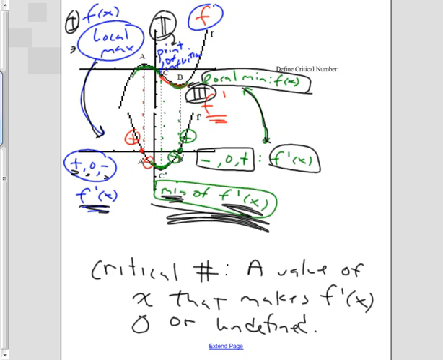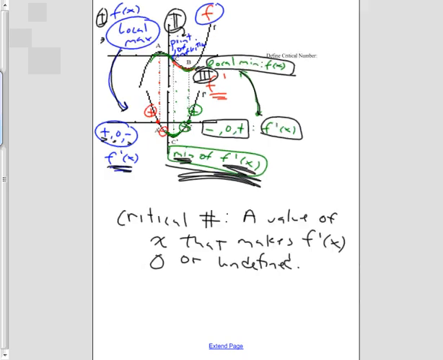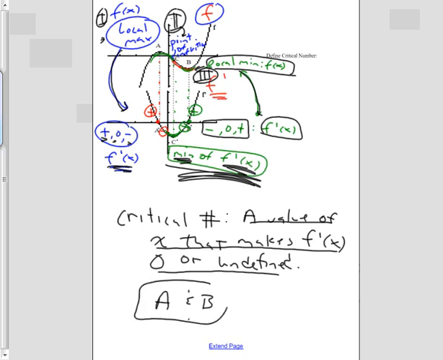So we'll be looking at critical numbers throughout the next couple weeks. But critical numbers, where are they? Well, critical numbers are a value of x that makes f prime of x 0 or undefined. So our critical numbers here would be a and b.